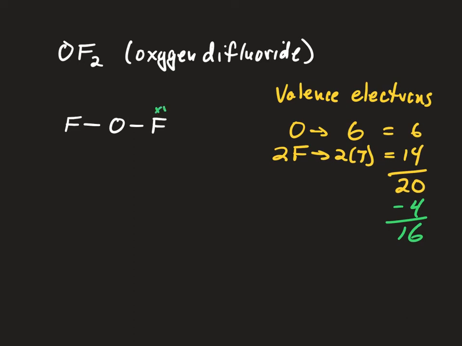So we go 1, 2, 3, up to 12. We put 12 there, which still leaves us with 4. Those have to go on the central oxygen. Minus those 4 leaves us with 0.